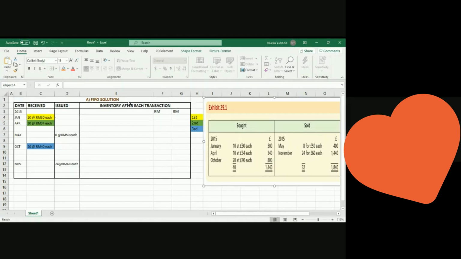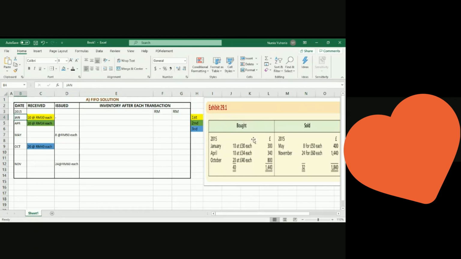As I put here, we try to solve this using the first method, which is the FIFO solution. You need to prepare based on chronological order, starting from January 1st and following the subsequent months. So you refer to January 2015.